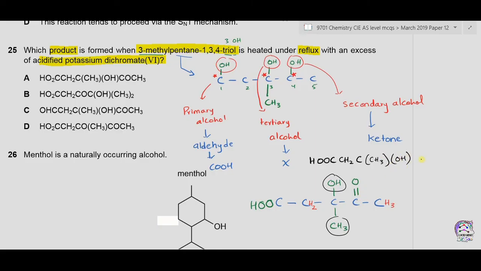Then we have carbonyl carbon, and then in the last we have CH3. So we can match this product with A, B, C and D. And in A we can see we have COOH, then CH2, then carbon atom with 2 substituents, carbonyl carbon and CH3. So therefore A is the possible answer.